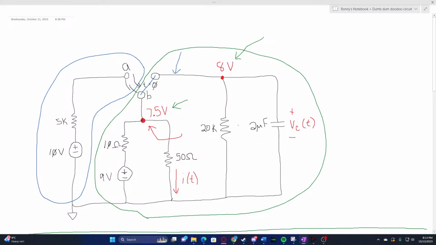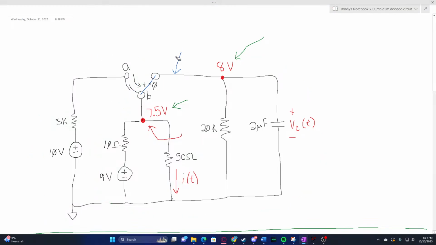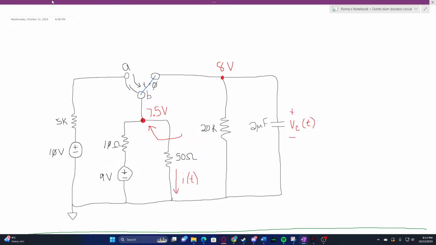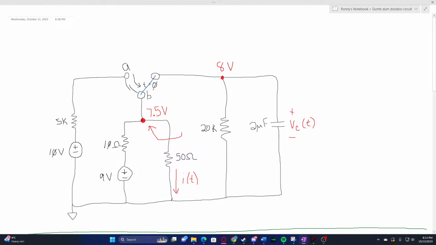This is so messy. Okay, we can erase some of these lines and hopefully make this easier to look at. Okay, so why would they think that's about 5 volts roughly?